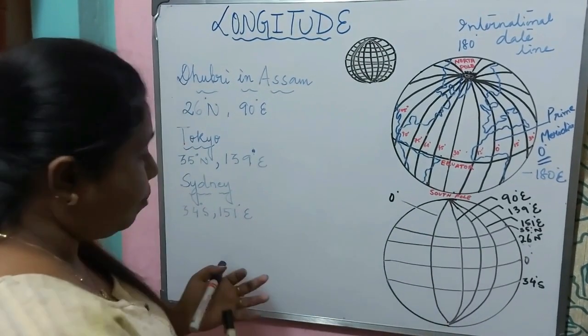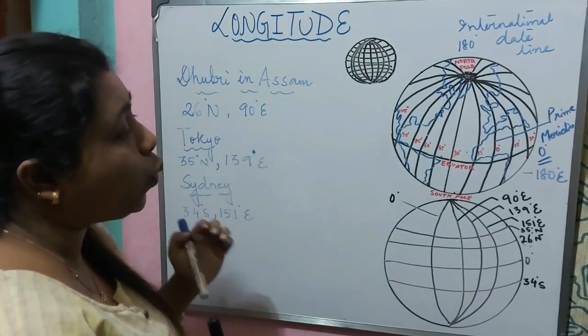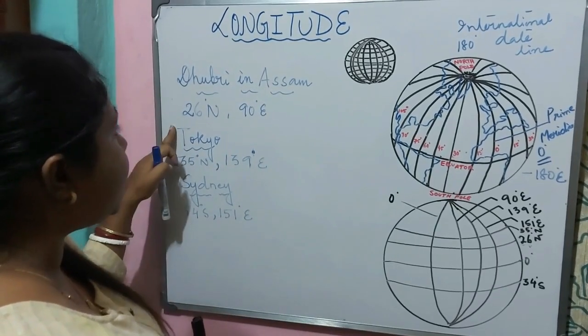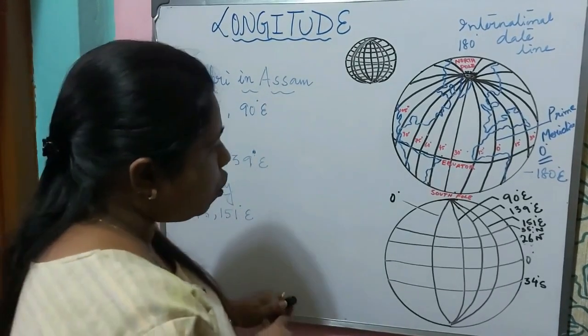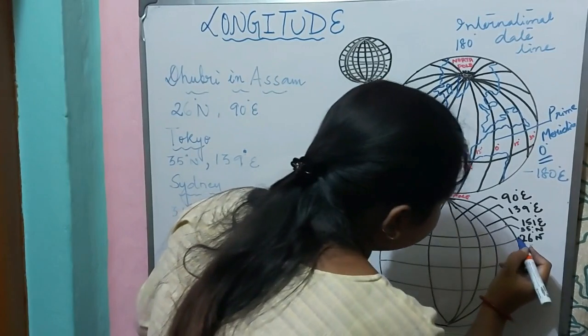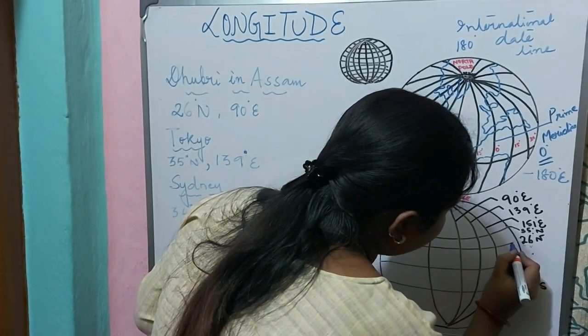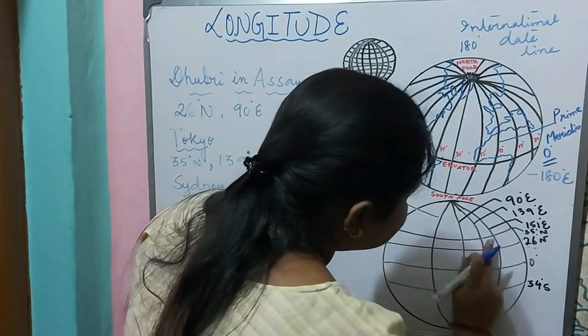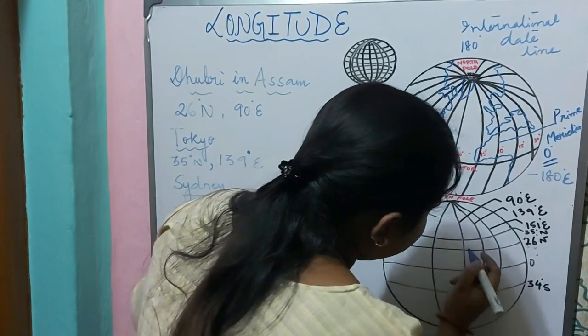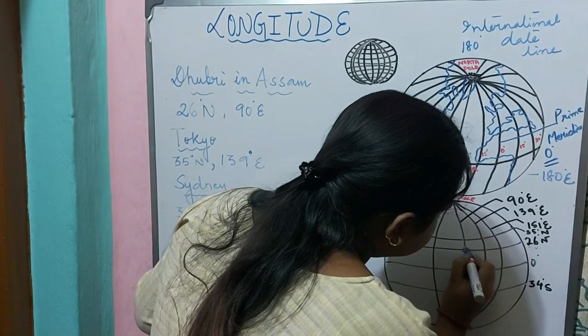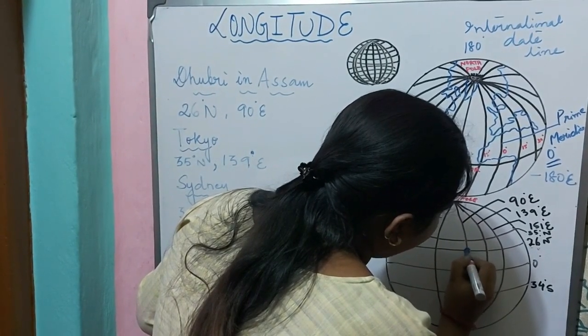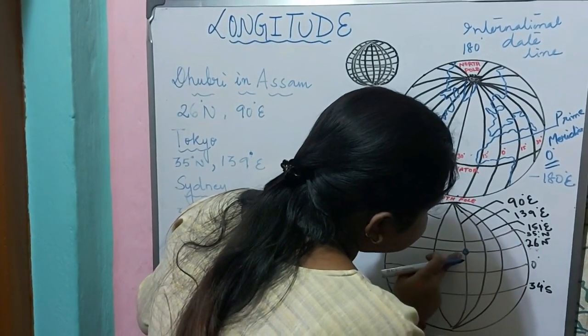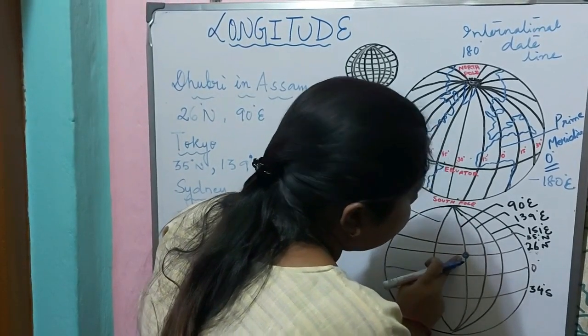So, in this diagram, let us find out how we can locate a place with the help of a latitude and a longitude. So, 26° north. This is my 26° north, this one. And it is 90° east. See, this is 90° east. So, this is the point where 26° north and 90° east are meeting.